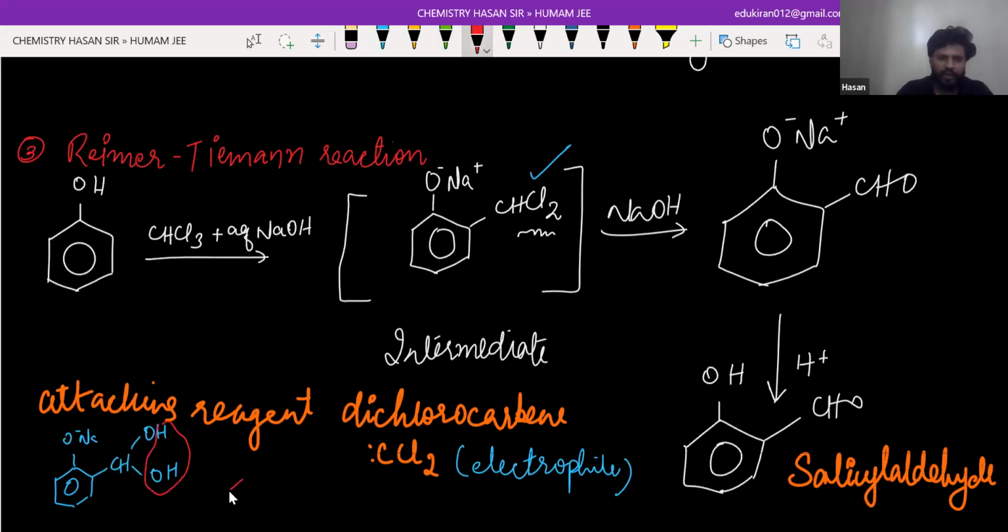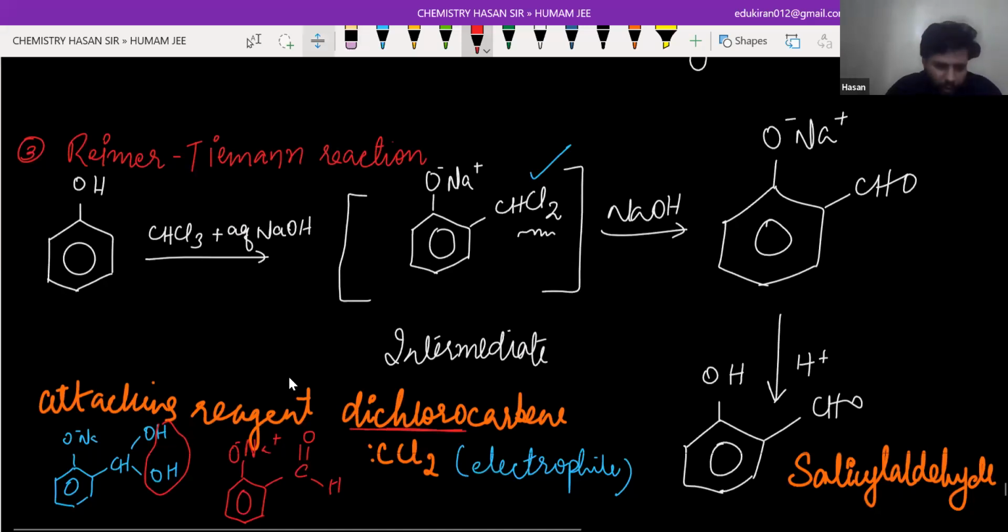So what you will get? You will get CHO. O negative will be as it is, Na positive will be as it is. And here C hydrogen is there, oxygen is there, so double bond will come. This is most important. The intermediate attacking reagent is your dichlorocarbene. Please do write.